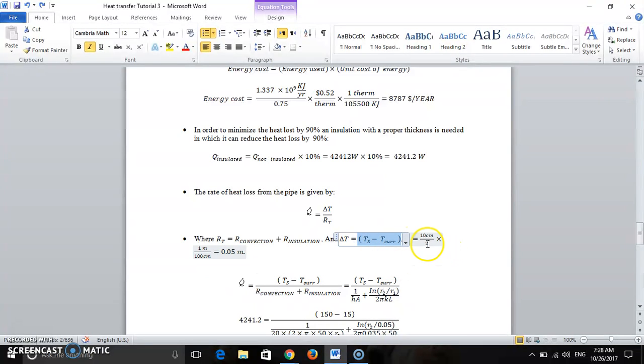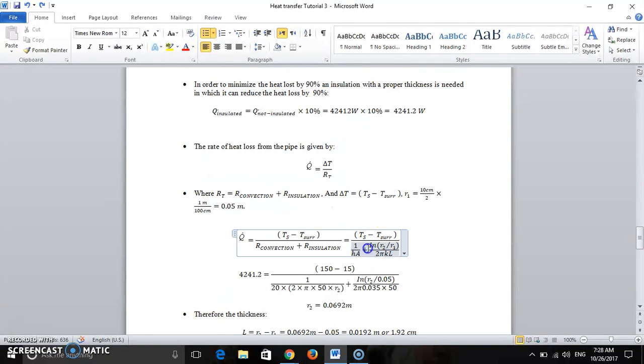And here we want to calculate R1, the radius, in order for us to use this formula. The diameter is given in the question to be 10.